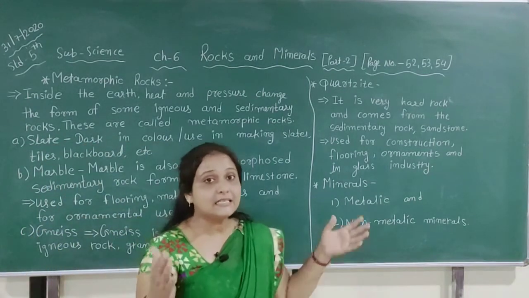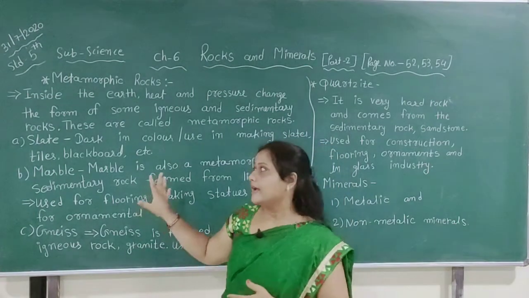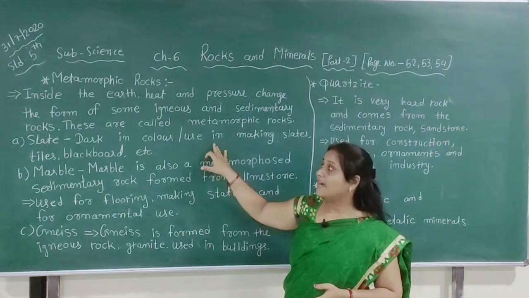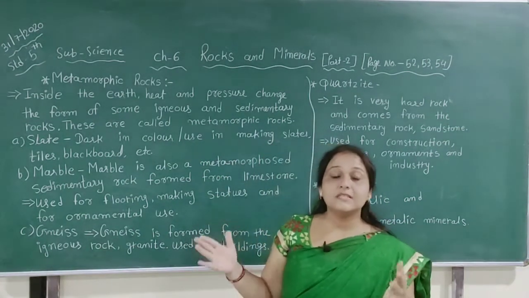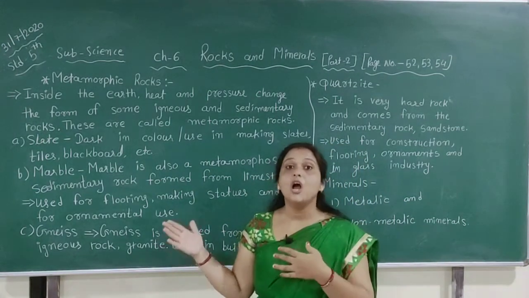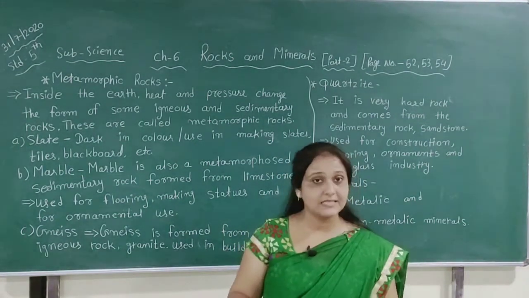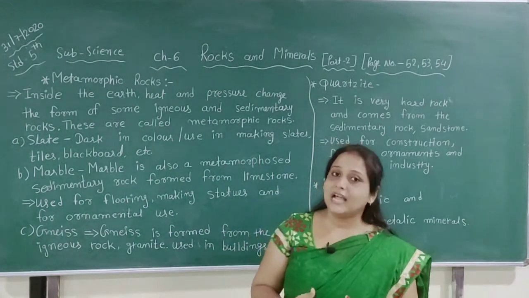You have already seen the different types of blackboards used in our schools. At present we use green color boards, but we have also seen the black color board. This is one type of slate rock. Using slate rock, they made the blackboard which we used in our school for study. So slate rock is useful to our life in many ways.